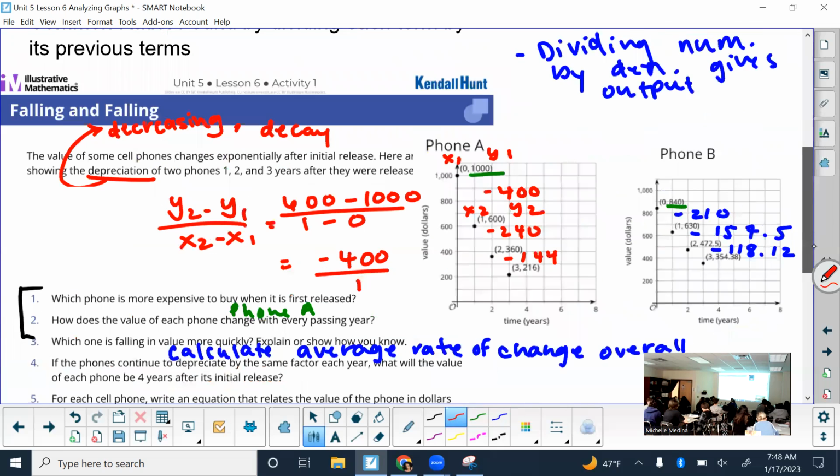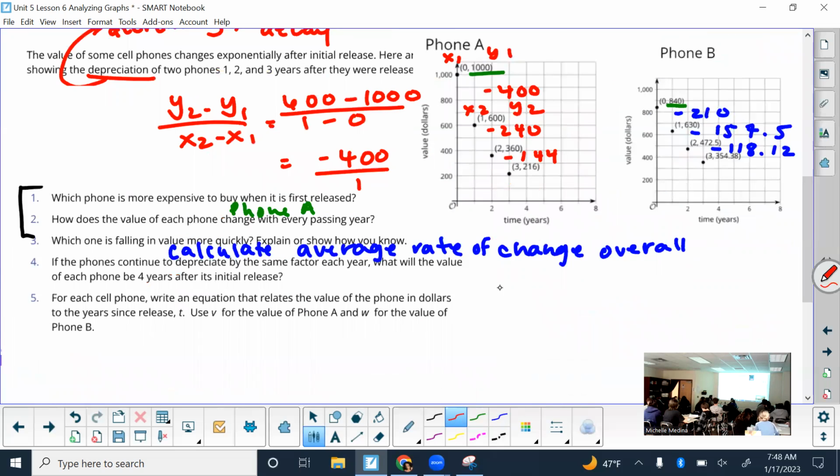So then if I'm looking at it for phone A, take one of the terms and we could say like our average rate of change, or we could take what's actually in the sequence. Let's do that instead. So 600 divided by its previous term, which was 1,000, what's that value?